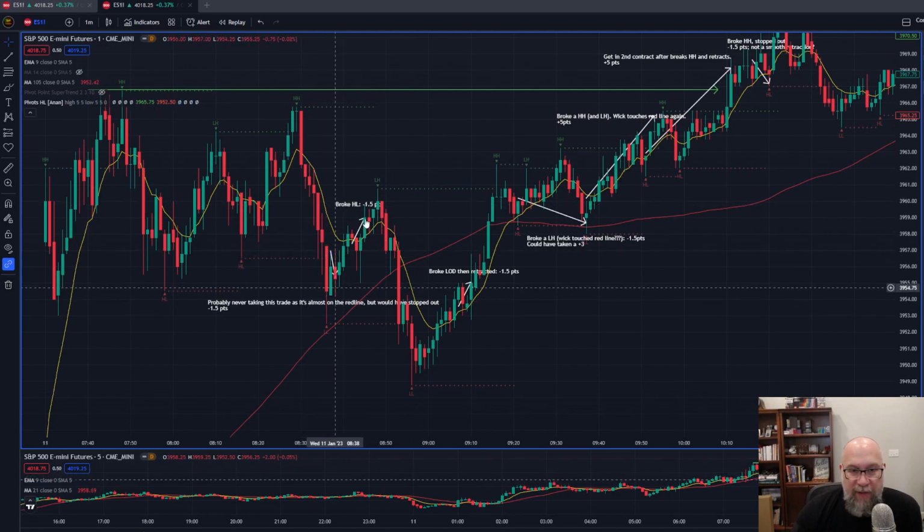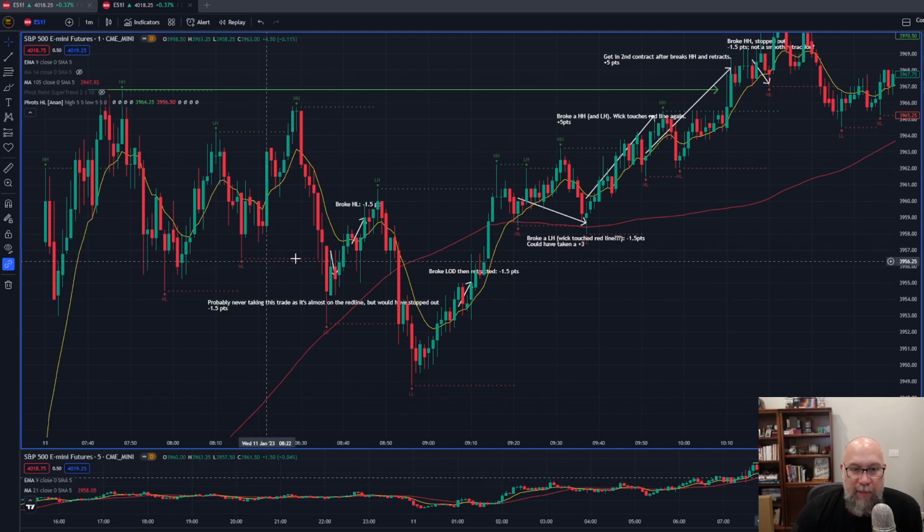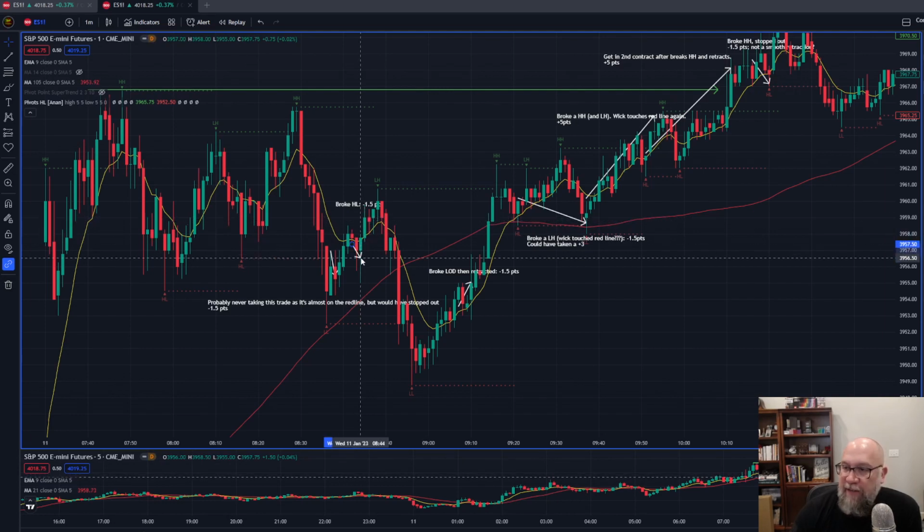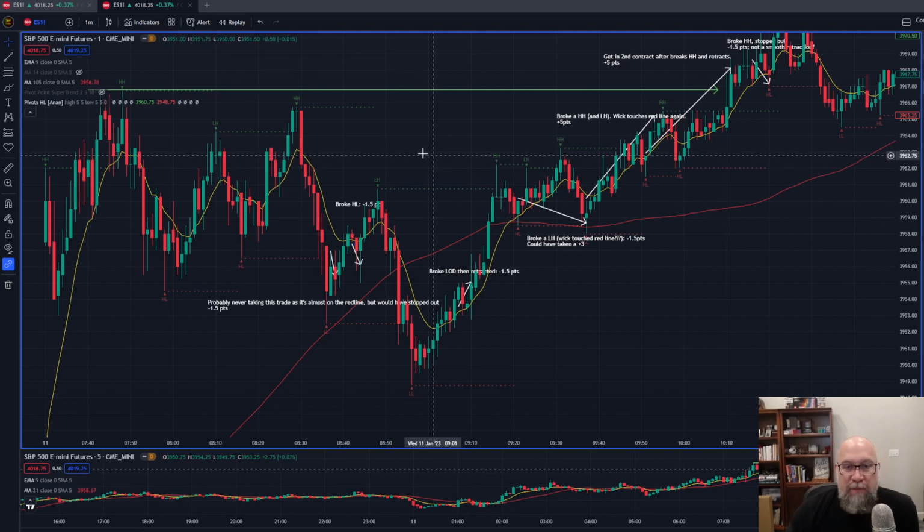And then this one, why did I put this one in? Broke a higher low. So we came up past a higher low, retracted, basically to where it touched the yellow line on the next candle. And then we would have longed that, but we would have actually stopped out right here. So that arrow is just wrong.